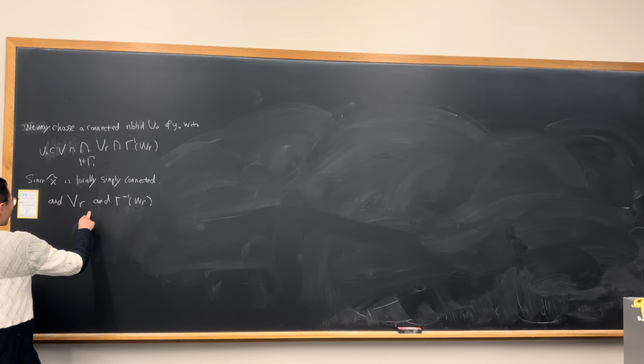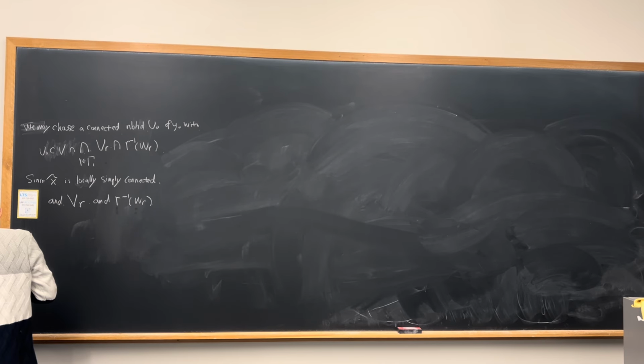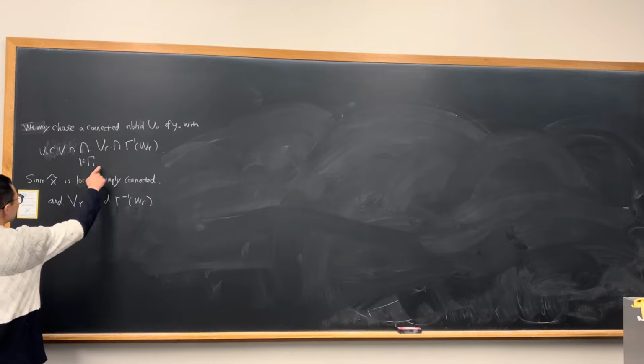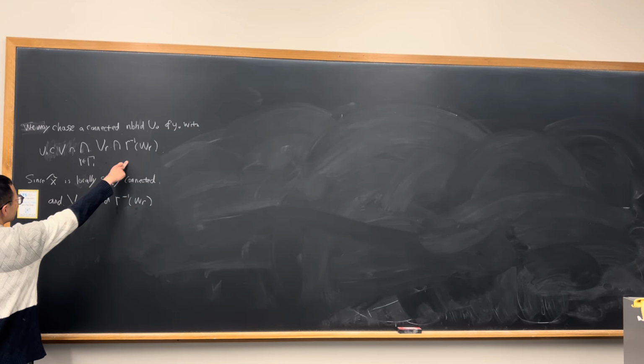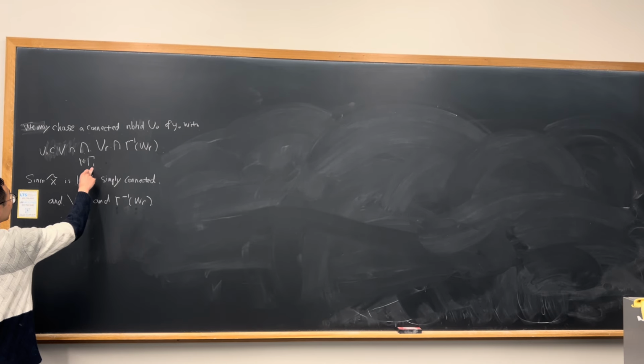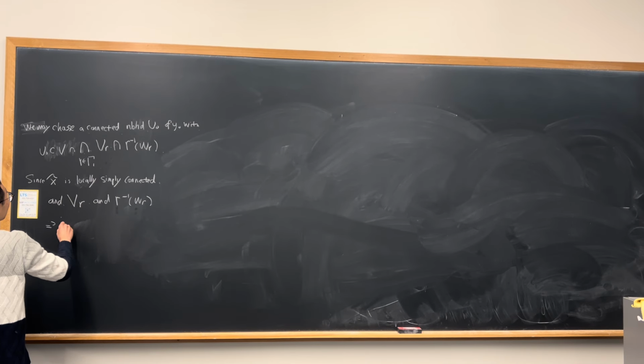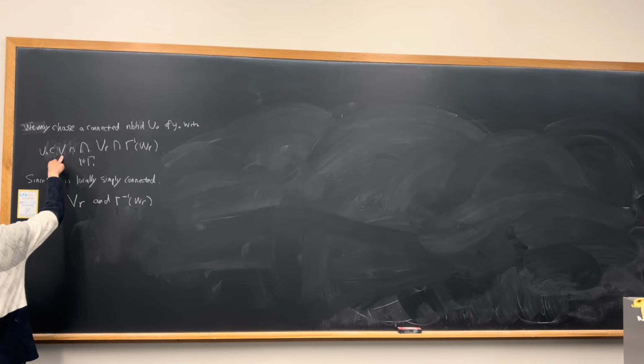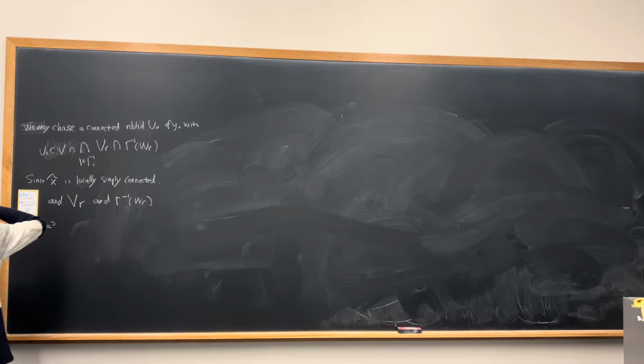Yeah. So therefore, this is open. And then you take finite intersection. It's also open. So then you intersect this open set. Wait, hold on.